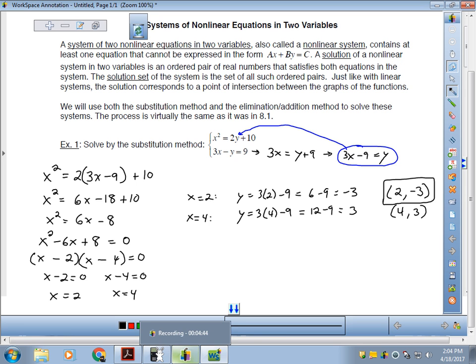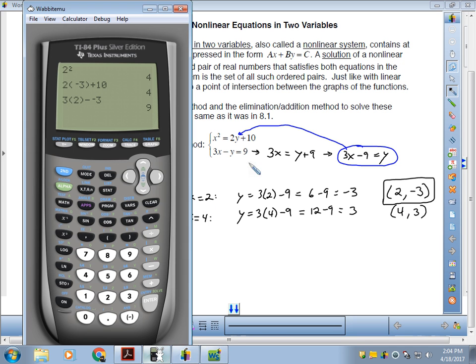Let's check 4, 3. For the first equation, on the left-hand side, we would have 4 squared, which is 16. On the right-hand side, we have 2 times 3 plus 10. That's 16 as well. Those two match, so that first equation is okay.